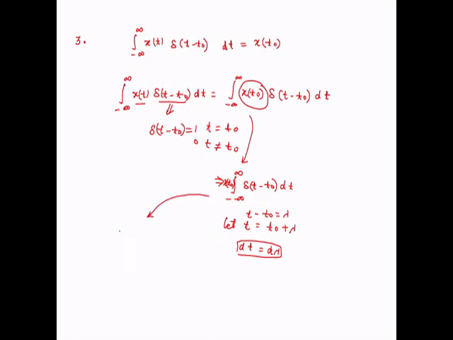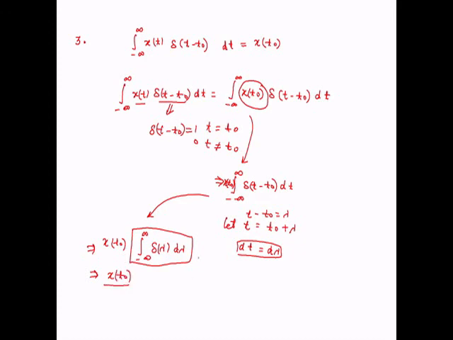in this equation, we are having x(t naught) integration minus infinity to infinity delta(lambda) d lambda, and by definition we can write that this is equal to 1. So this implies that this is equal to x(t naught).